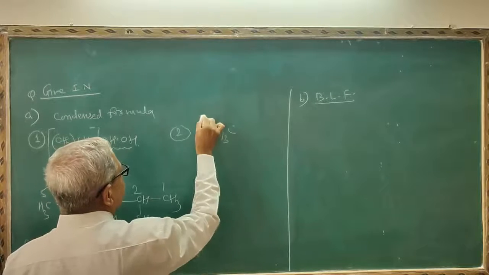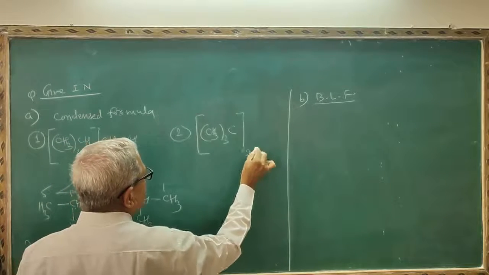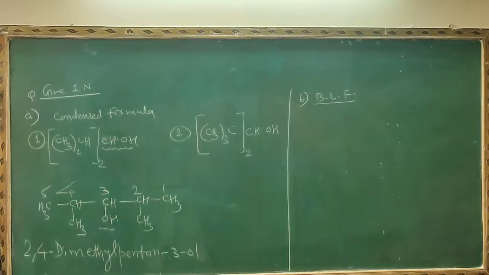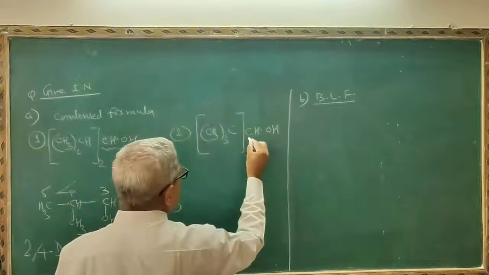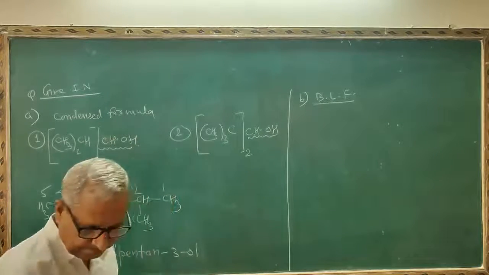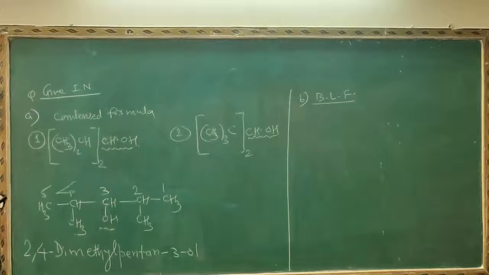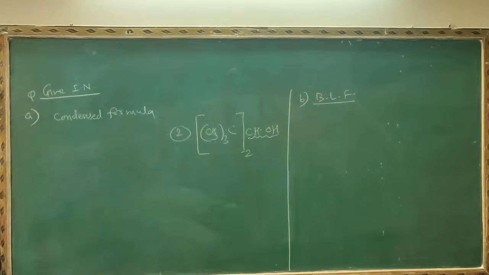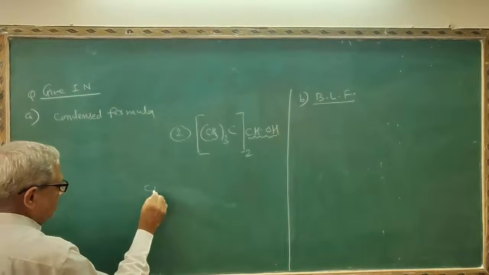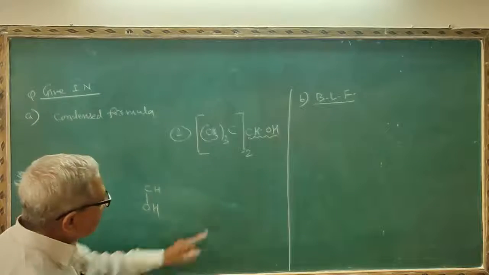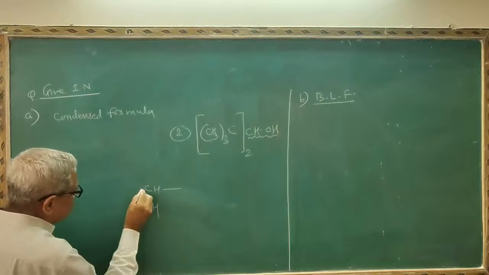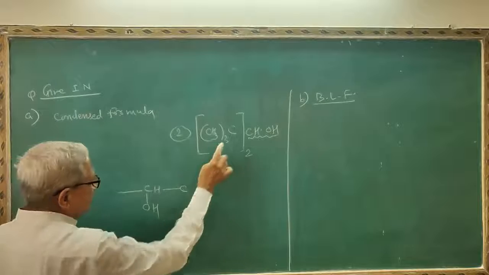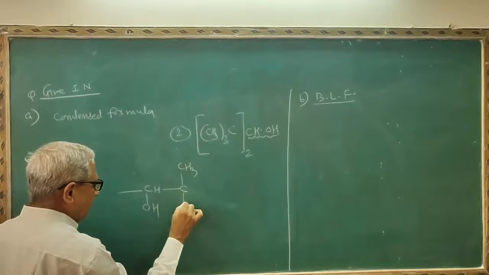Again, I will take the second example here. CH3 3 times, C 2 times, CHOH. First, I will explain the term CHOH. First, write down the CHOH. It is attached to two identical groups, one on this side and another on this side. This is attached to one carbon atom and this carbon atom is attached to the 3 methyl groups.